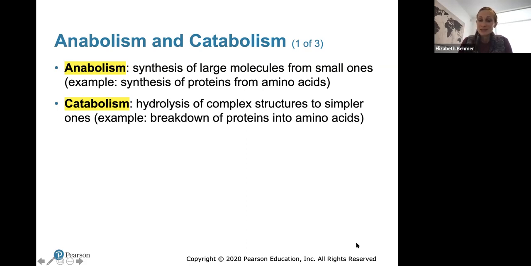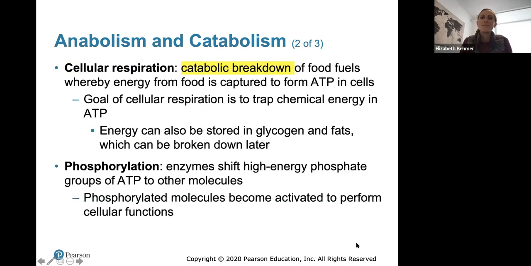Anabolism is the synthesis of large molecules from smaller ones, like putting together proteins from their individual amino acid parts. And catabolism is the hydrolysis or breakdown of complex structures to simpler ones, such as breaking down proteins into amino acids. We call it hydrolysis because in order to break apart bonds between amino acids, for example, we have to take away atoms from that bond, and that's called hydrolysis.